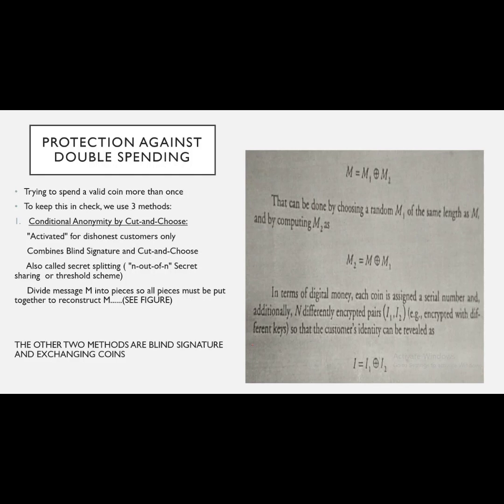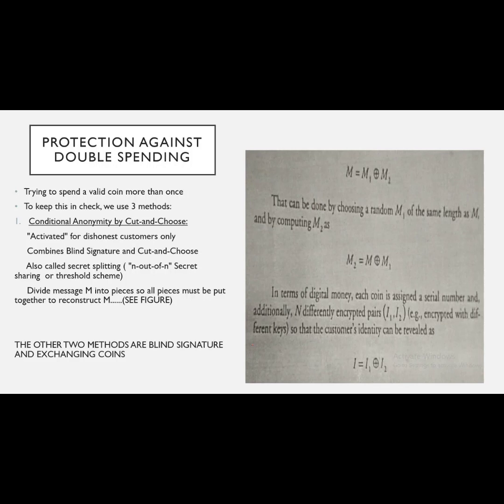And the other one is exchanging coins. Here, the protection against double spending is done when the customer exchanges his identity based coins for anonymous coins with the currency servers. So when he exchanges the coins again, the currency server knows that the coin has already been used in an exchange or in a transaction.